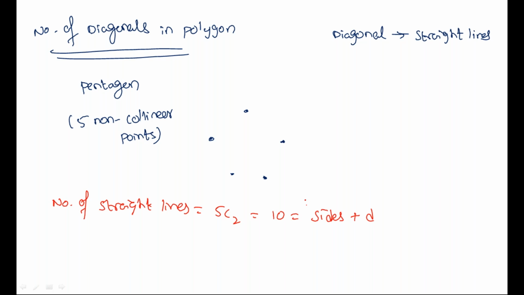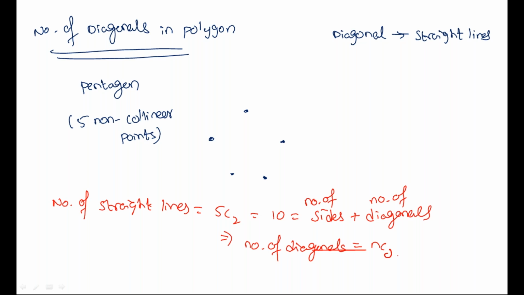Guys, listen. This 10 straight lines is altogether the number of sides plus the number of diagonals. If you want to find the number of diagonals, what you have to do? Sides should be removed.